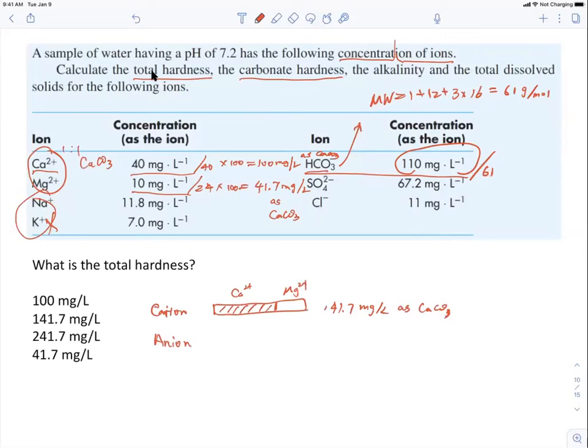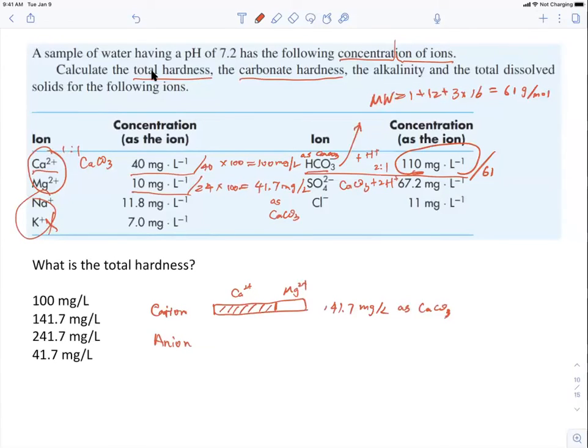But for the bicarbonate ion, they're not reacting as 1-to-1 ratio, because consider, let's say the bicarbonate ion can only react with one proton ion, right? Well, for the calcium carbonate, it can react with 2 number of the proton ions. So actually, they're going to react as a 2-to-1 ratio.